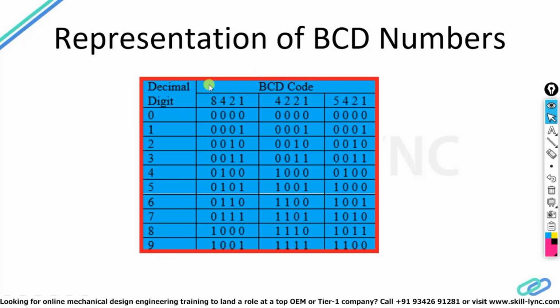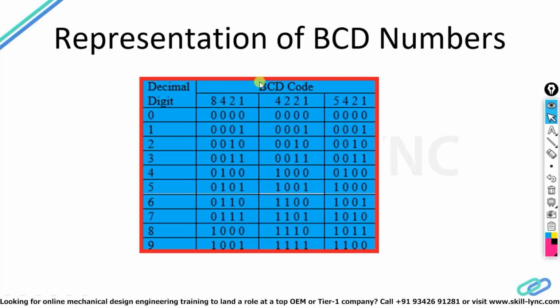If someone asks you to represent a BCD number in 8421, how will you proceed? For example, the digit is 0. In 8421, 0 means nothing is in combination. 1 can be written as 0001. Similarly, 5 can be written as a combination of 4 and 1, so you can write it as 0101.